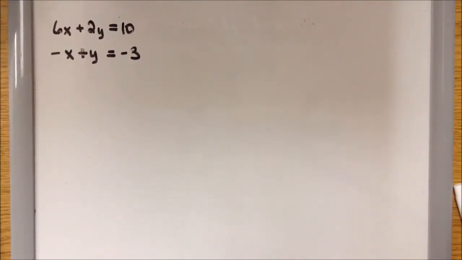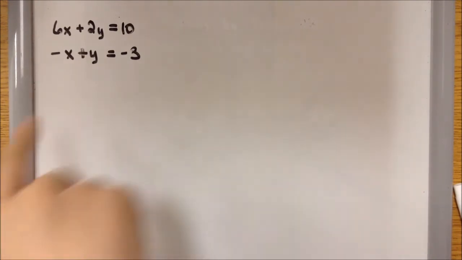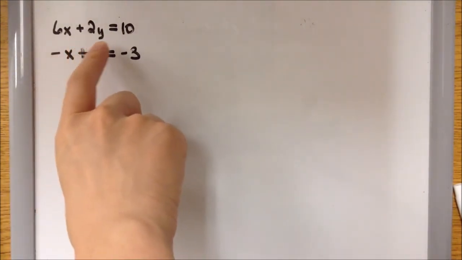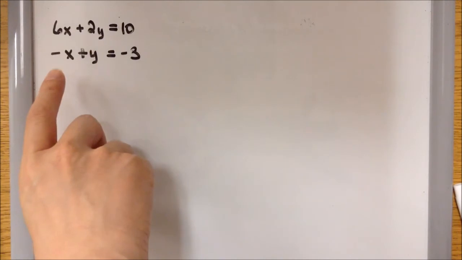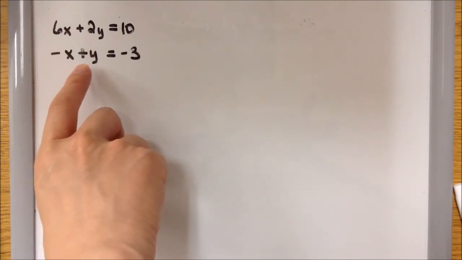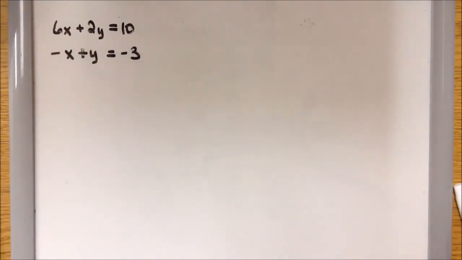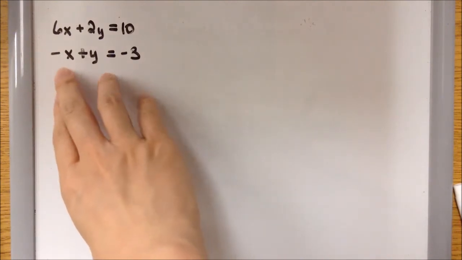In example 2, we have a system consisting of 6x plus 2y equals 10 and negative x plus y equals negative 3. Alright, so let's try something a bit different. Let's say in equation 2, I want to get x by itself.